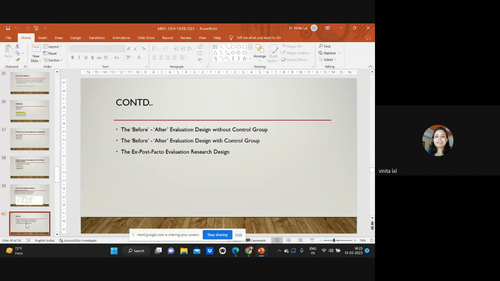The next is the after-only evaluation design, which is very similar to the upper one, in which the program or activities have been implemented and a group is selected. So both groups are measured with respect to the independent or dependent variables. So come to the next slide.